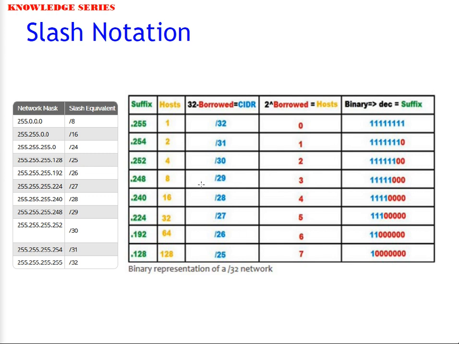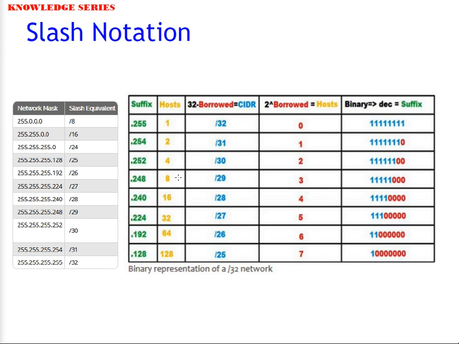Sorry, before we go to the /8, we are going to /29. /29 means 32 minus 29. So how many? 3 bits. So 3 bits you have borrowed from the host section, that is the last section. So 3 means 2 to the power of 3 is 8.